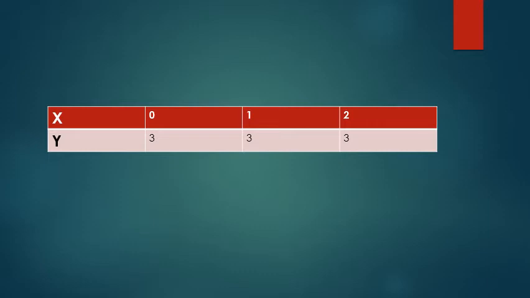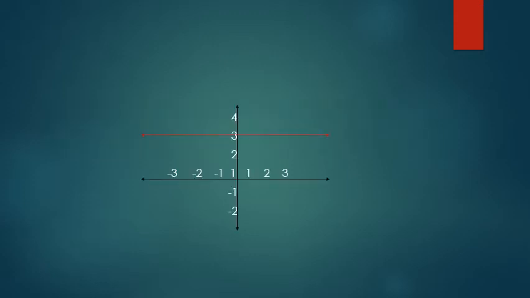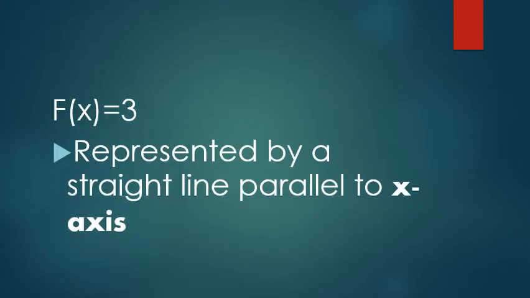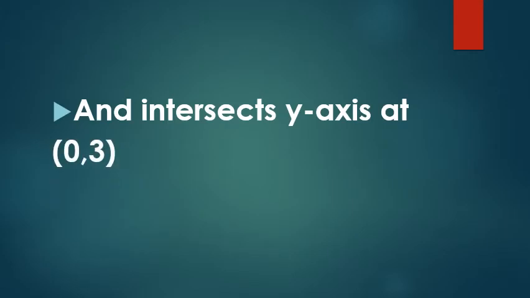And plotting in the graph paper, it will be parallel to the x-axis. Then the constant function is represented by a straight line parallel to the x-axis and intersecting the y-axis at the point (0, 3). This is called the constant function.